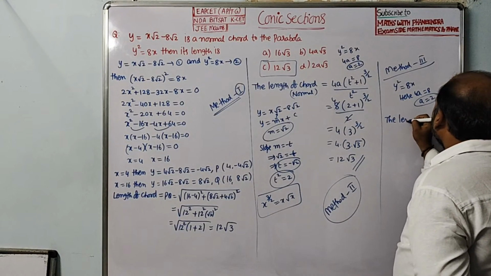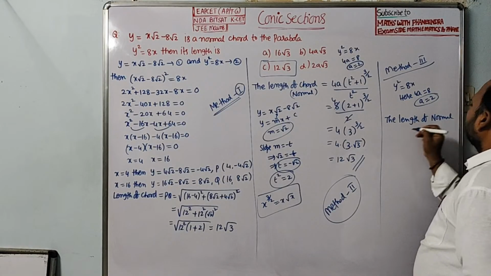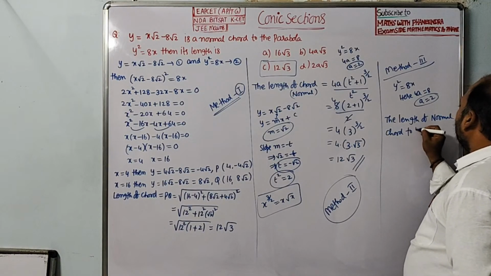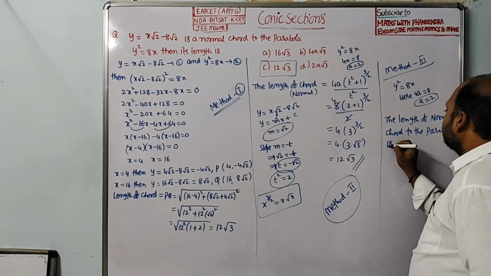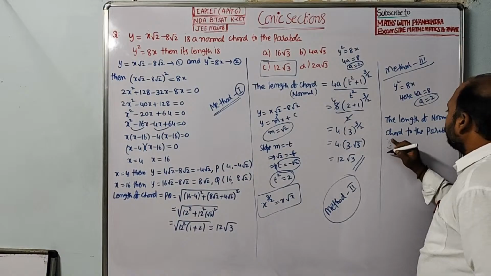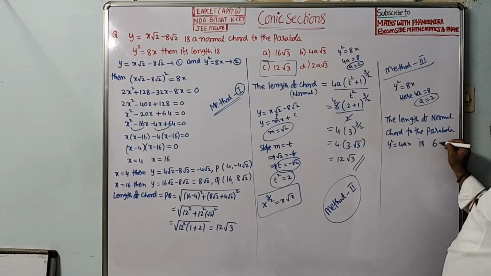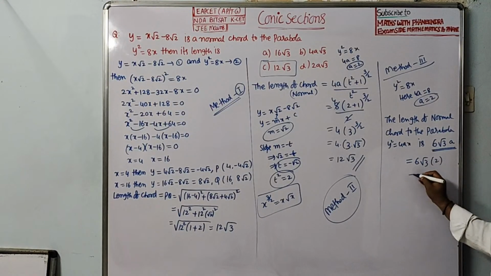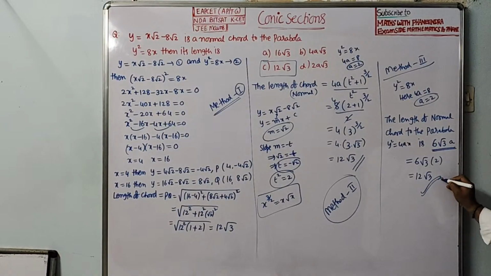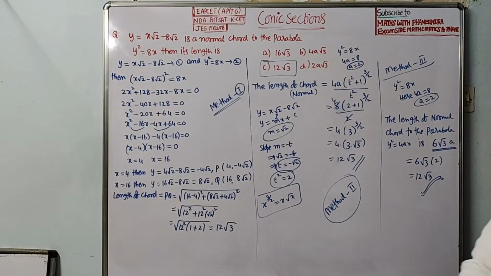The length of normal chord to the parabola y square is equal to 4x is 6 root 3 a. So here a is equal to 2, now substitute in 6 root 3 into a value 2. So 12 root 3. So whatever the method you go with, you will get the answer 12 root 3.